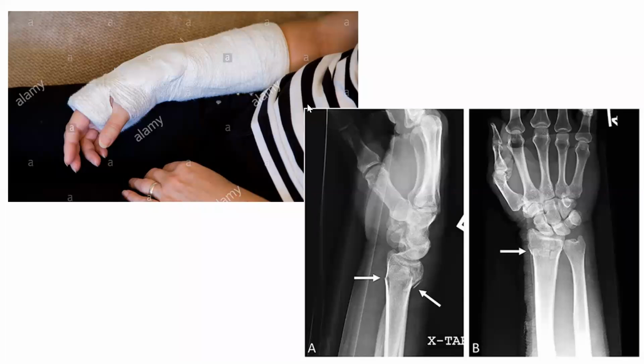You are quite right. When you are describing a fracture, you have to describe which bone it is involving, and then the area of the bone, and then the direction, whether it's transverse or oblique.